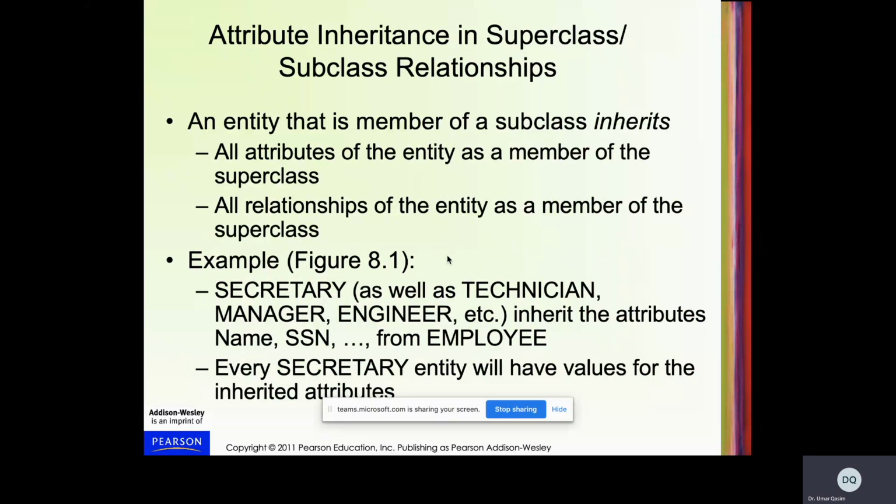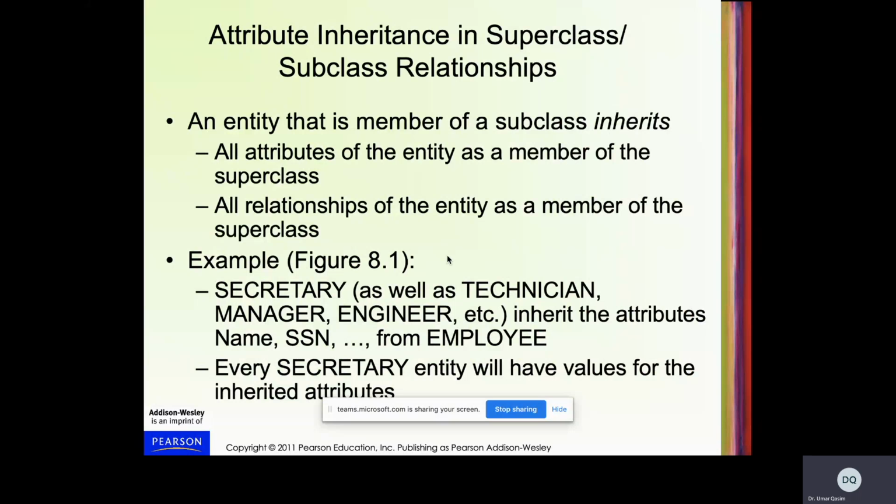How inheritance works is that an entity that is a member of a subclass, for example a job type or role type like engineer, inherits all the attributes of the entity as a member of the superclass.